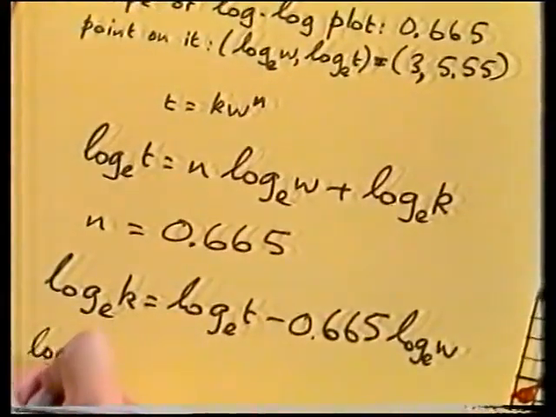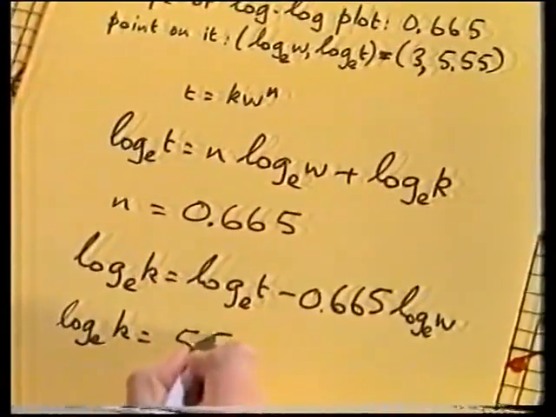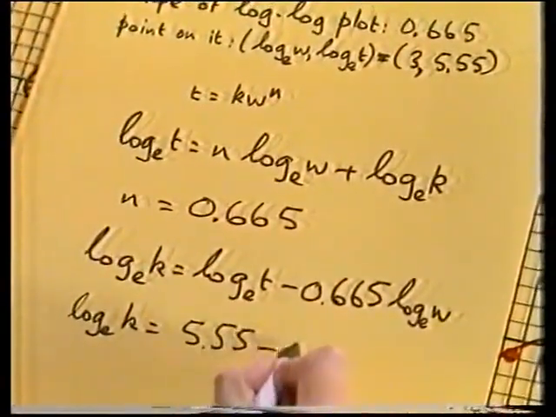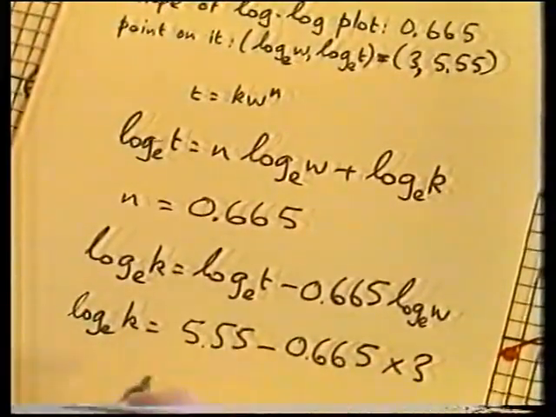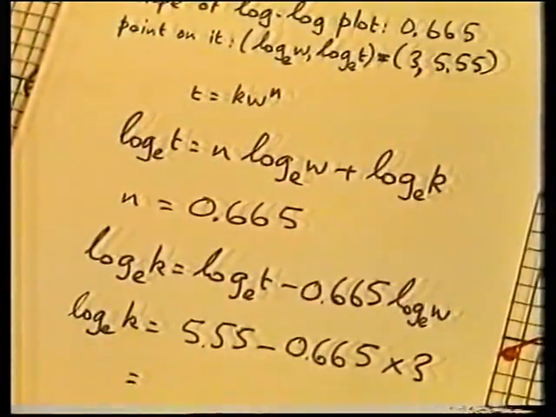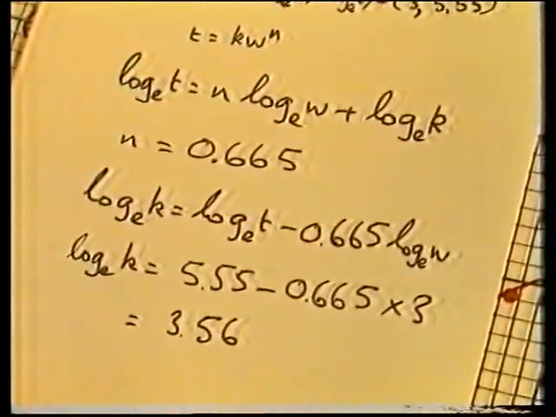log k equals 5.55 minus 0.665 times 3, which is 3.56 to 2 decimal places.